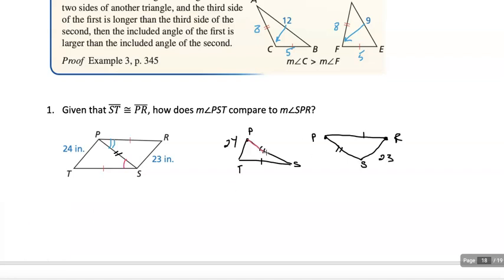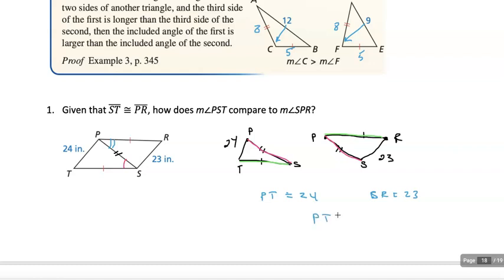So PS is congruent to PS, so one side has the same measurement. TS is congruent to PR. So now I have two triangles with two legs that are exactly the same. The third leg is different. This leg, PT, is 24, and SR is 23.